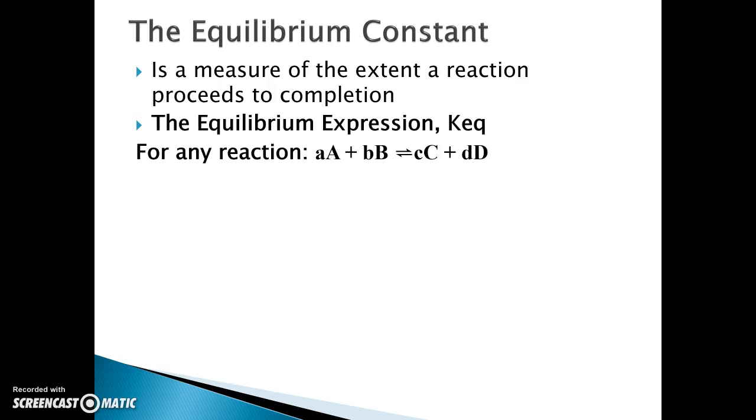So, the equilibrium expression is going to be the mathematical way we deal with equilibrium. For a particular reaction where you have a moles of A compound plus b moles of B compound reacting reversibly with c moles of C compound plus d moles of D compound, these coefficients have always been important.